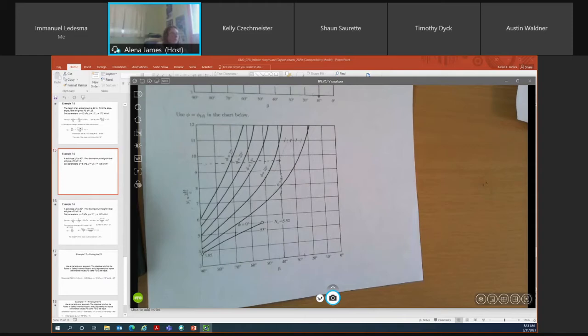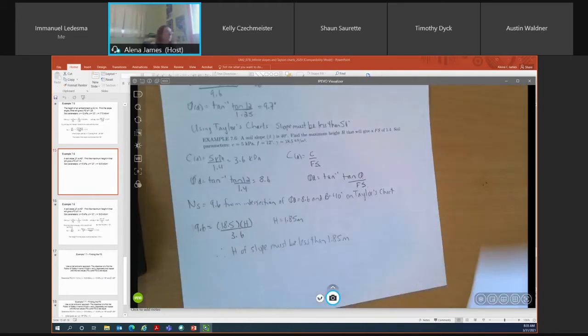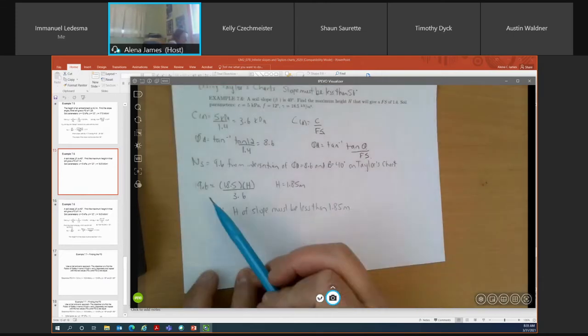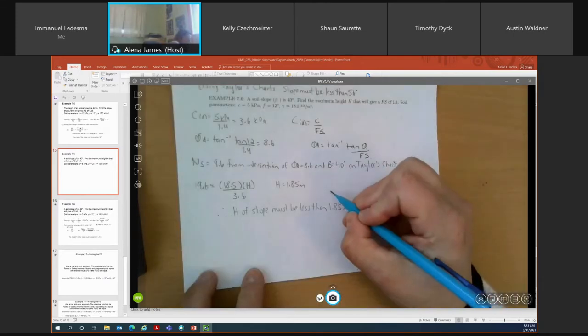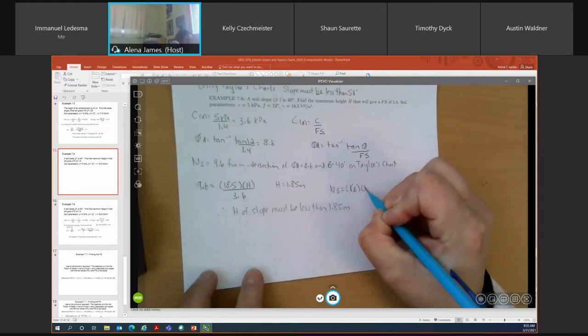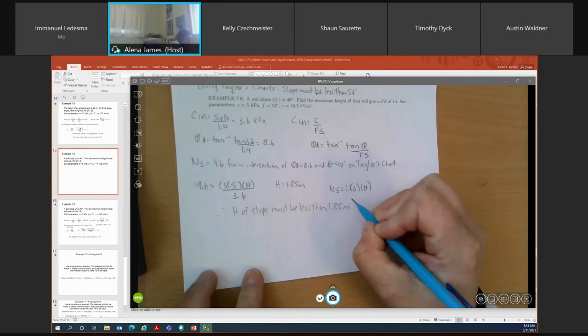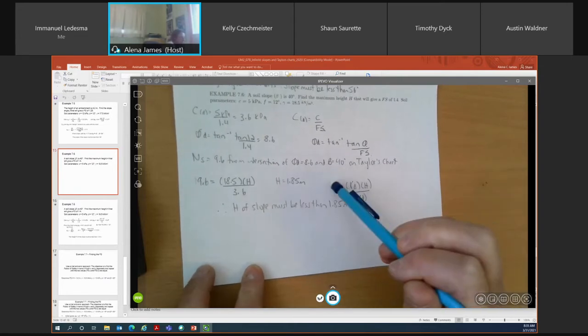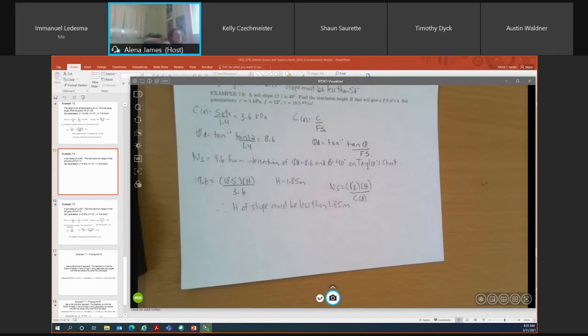Everyone's okay? Okay. So if we have our NS value equal to about 9.6, we know NS is equal to gamma bulk times H divided by CD. I've calculated CD above. Gamma bulk is given in the problem. I know what my NS value is, so my only unknown is my H value.